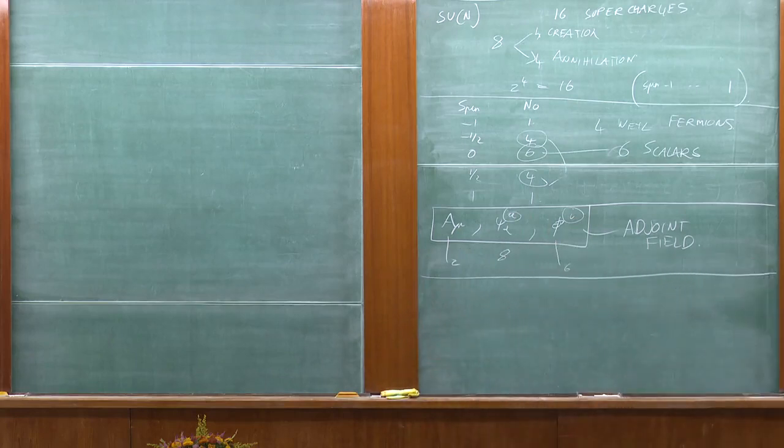Something I have not told you, but I'm telling you now, is that N equals 4 Yang-Mills theory, using the fact that it's N equals 4 supersymmetric, one can argue quite simply that this theory has to be conformally invariant. Okay, I'm not going to try to make this argument here for you. You can say that there's no mass scale.